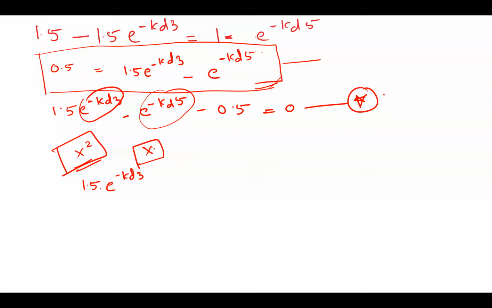If we are taking this term as x, x equal to e raised to minus 3 kd, then x square means it should be e raised to minus 6 kd. So now you have this 5 here. So how do you deal with that?